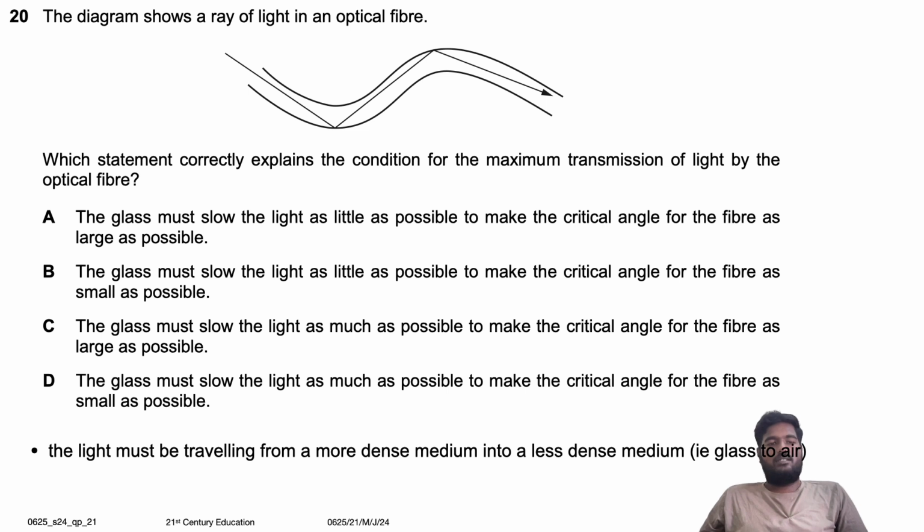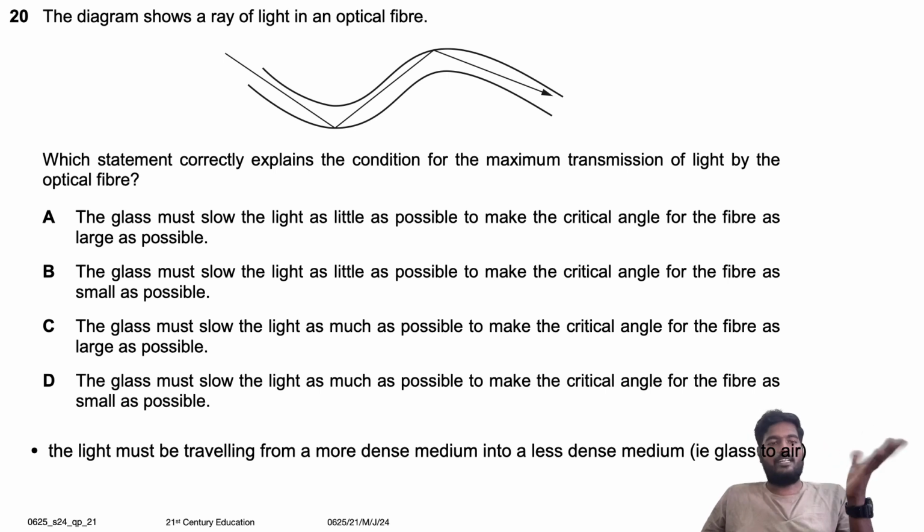So the glass must slow the light as much as possible to make the critical angle for the fiber as small as possible. How does this relation come? We know that the refractive index is speed in air divided by speed in that material. So the refractive index is inversely proportional to speed in that material. If you slow down, the refractive index increases, and we know that refractive index is also 1 by sin c, so the critical angle will decrease.